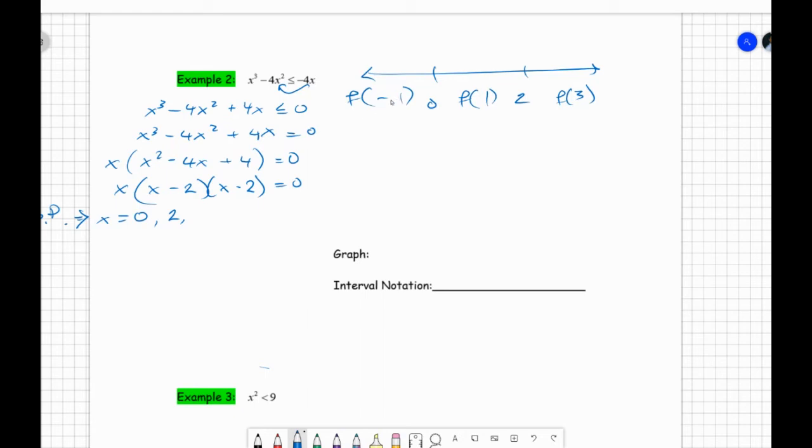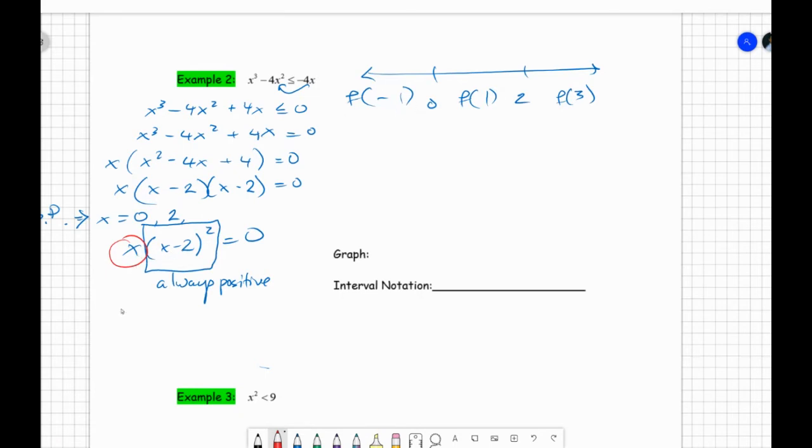So notice here I'm going to rewrite this as x times (x minus 2) squared. Now, the thing about this square right here is always positive. So no matter what number I plug in here, it's always going to be positive. So I don't really care to evaluate this factor right here. So the only thing I'm going to look at is this x, because that's the only value that is going to determine the sign of the whole thing.